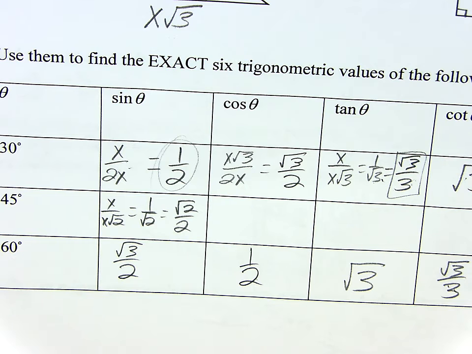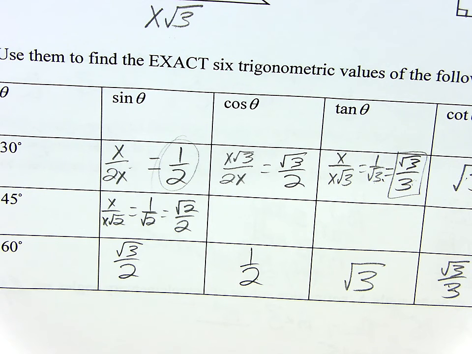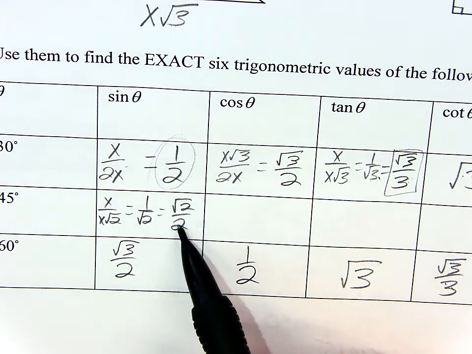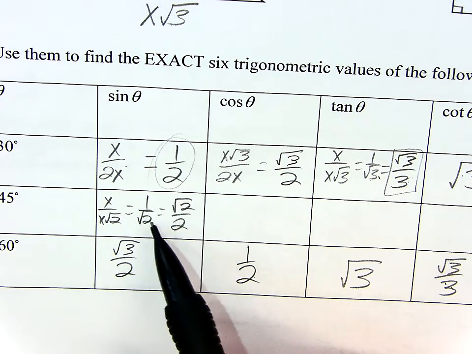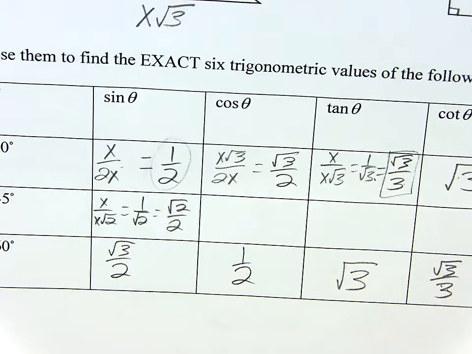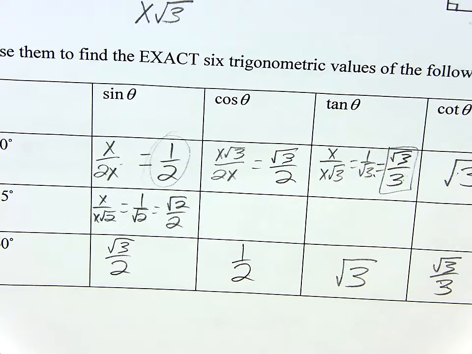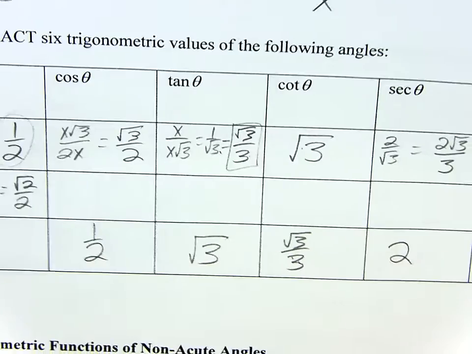Take the reciprocal of that, and that gets me cosecant, right? So don't take the reciprocal of that, take the reciprocal of that. So cosecant is just root 2. Well, that wasn't so bad.